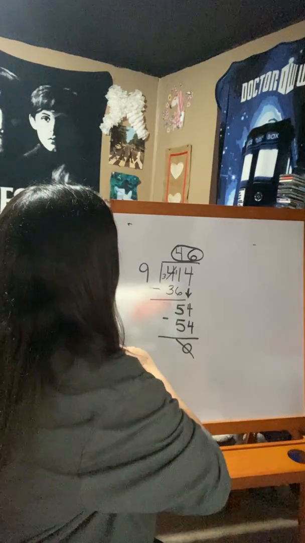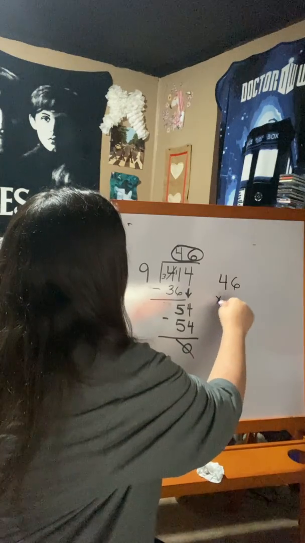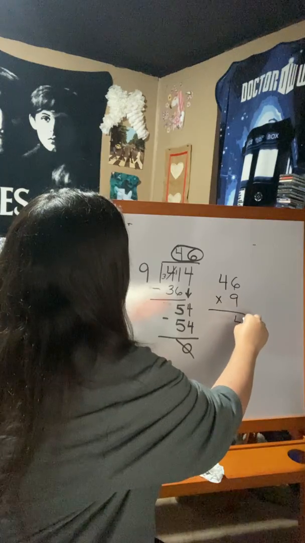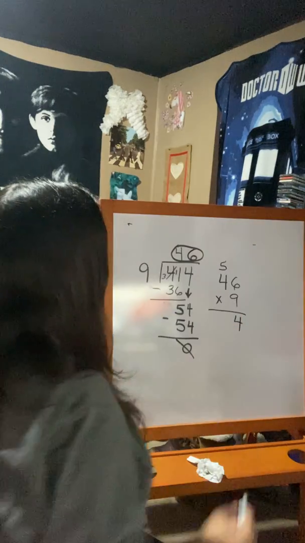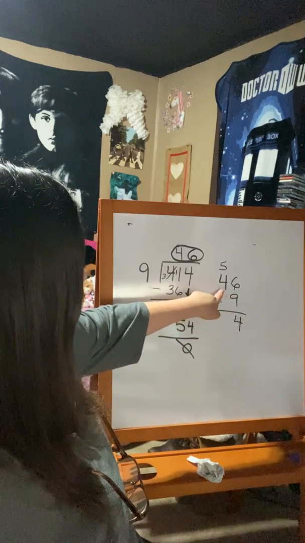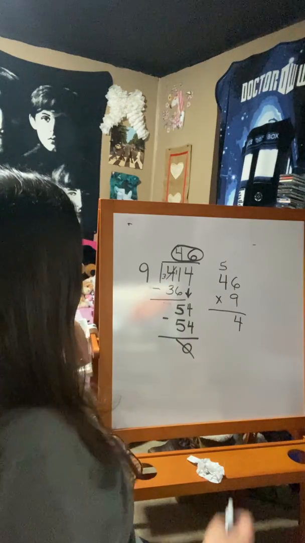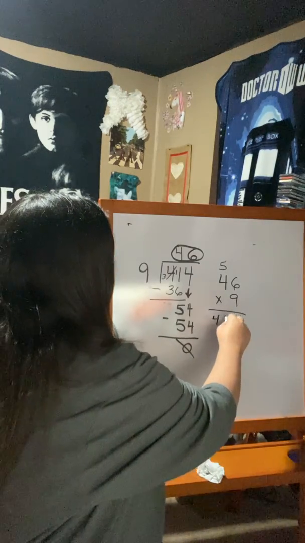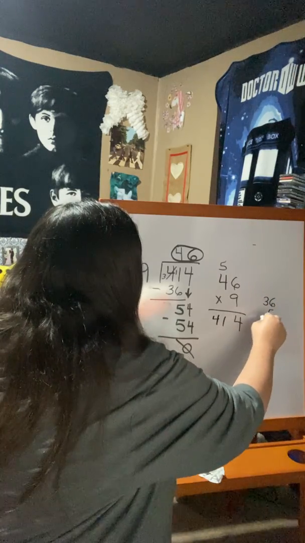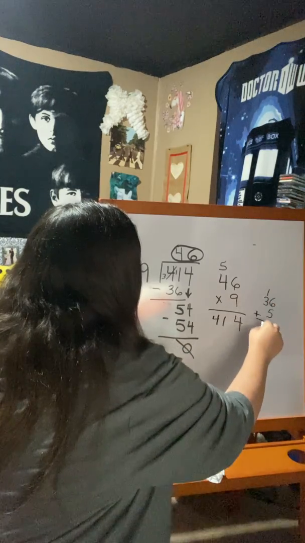46 times 9. 6 times 9 is 54. Carry it. 54. Then 9 times 6 is 36. 36 plus 5 is 41. 36, you can use the sides, plus 5. 6 plus 5 is 11. 1 plus 3 is 4.